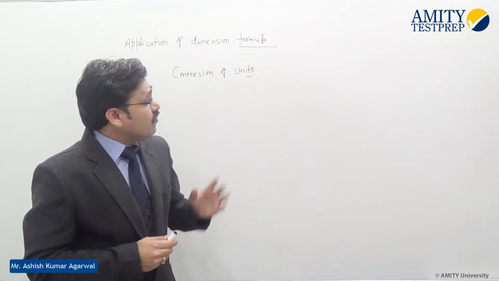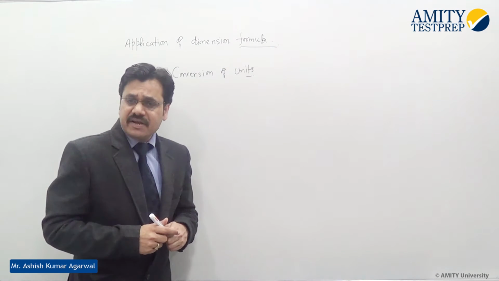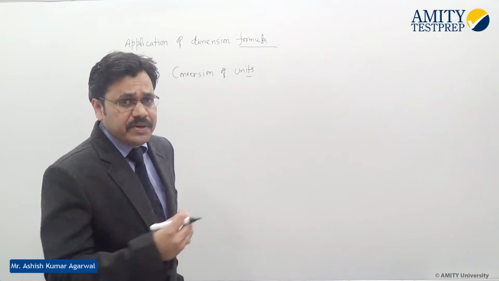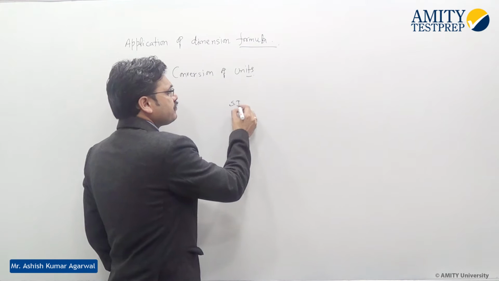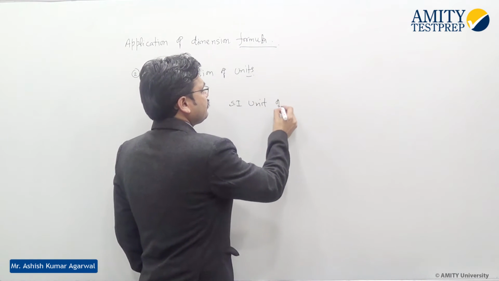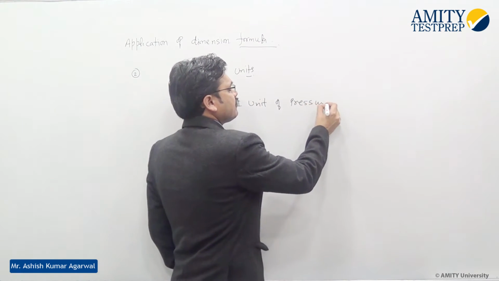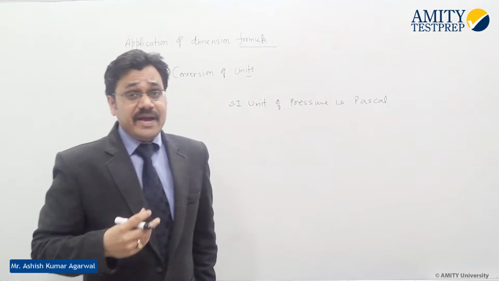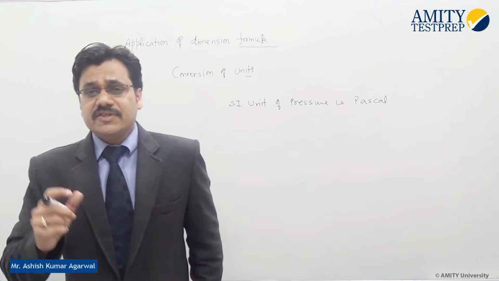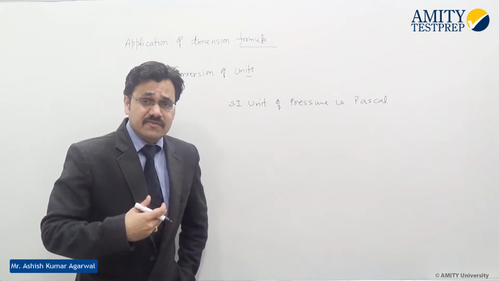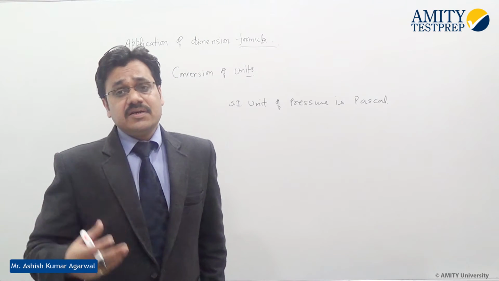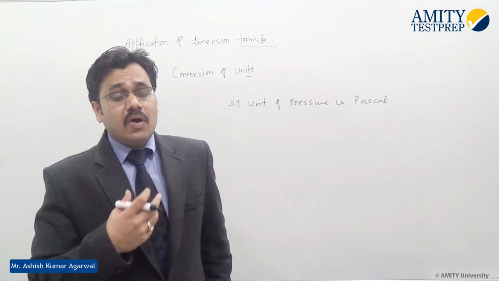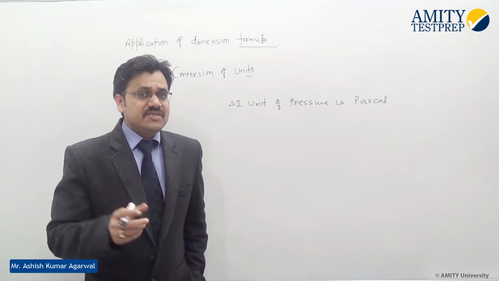So for that, suppose I am just taking an example: the SI unit of pressure is Pascal. As I have told you, the SI system is the meter, kilogram, second system. Now I am taking another unit system, the CGS system.